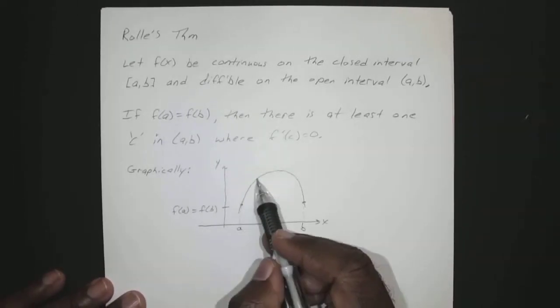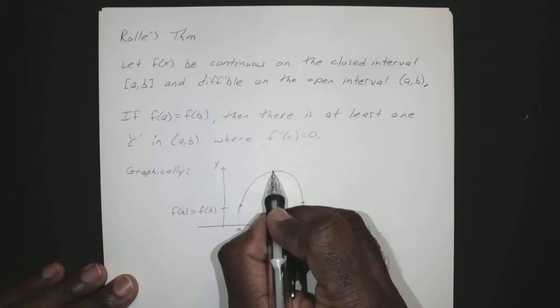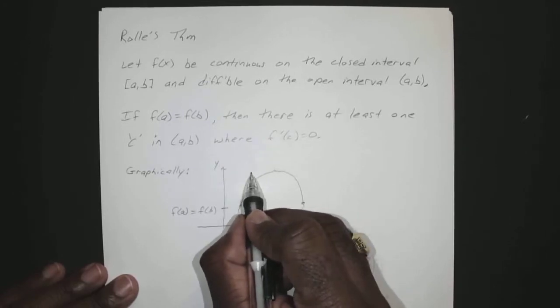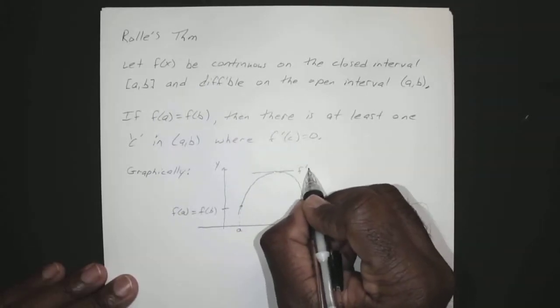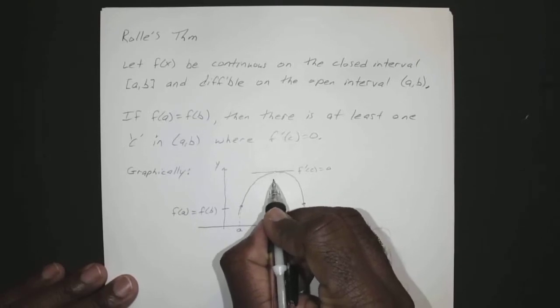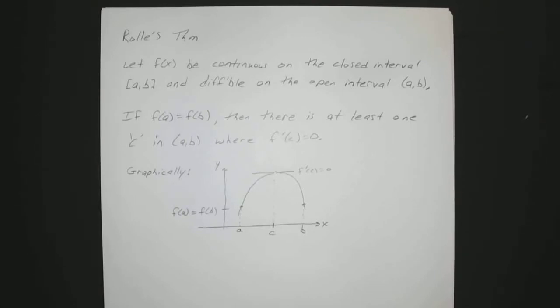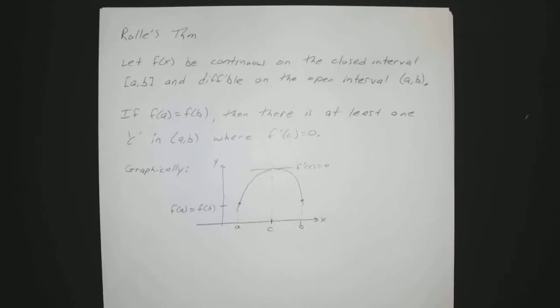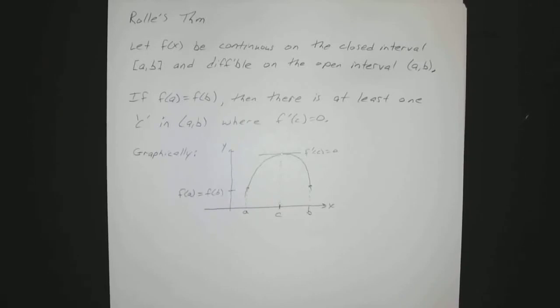That means at some point, since it's continuous and differentiable everywhere, there's some c value that would give you a slope of 0. Okay, so let's say that's the c value there. So somewhere in between there, you're going to have a c value where you have a slope of 0. All right, any questions on that one?